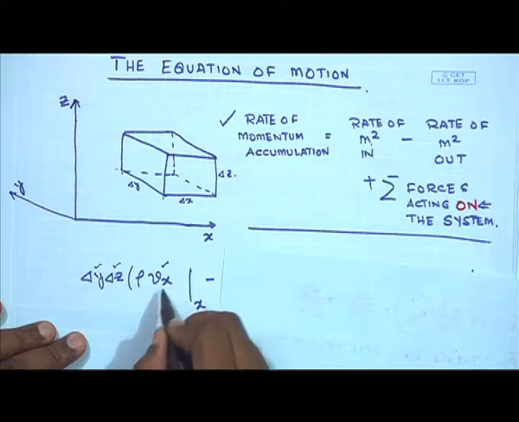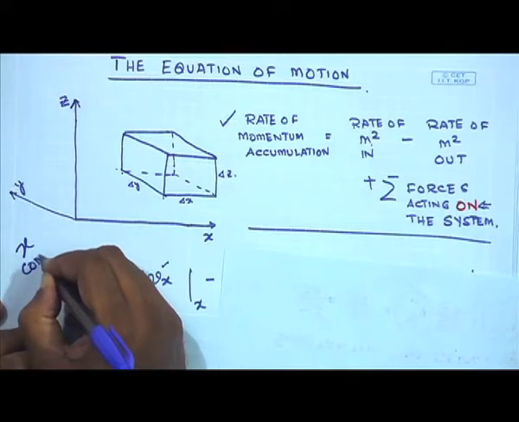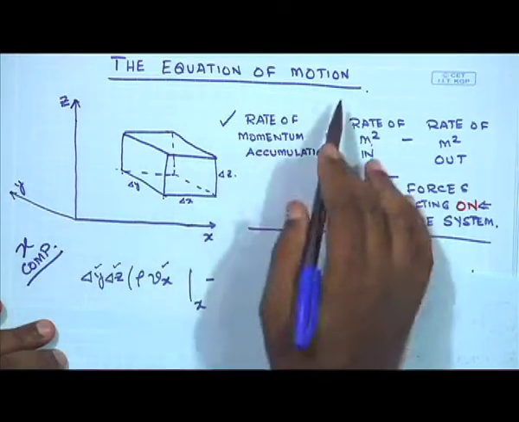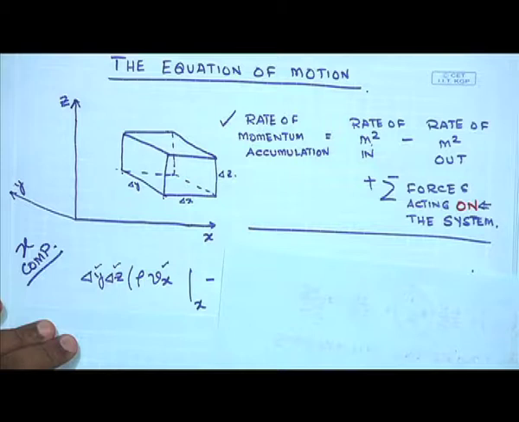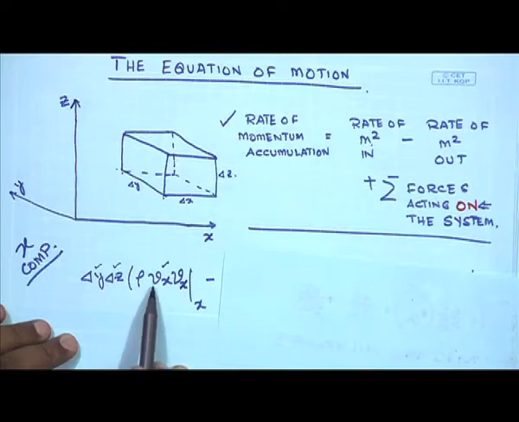Now in order to obtain the x momentum, because I am writing the x component of the equation of motion, and the other components can be evaluated in a similar fashion. If I am writing the x component, I am only talking about the x component of momentum. This is the amount of mass which is coming in. So the amount of x momentum must be equal to rho Vx, another Vx.